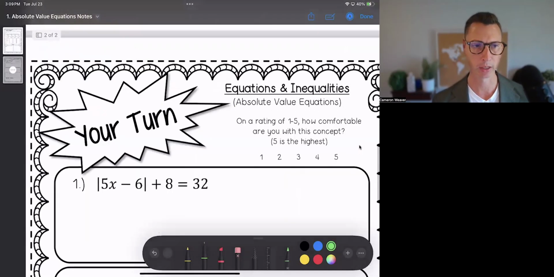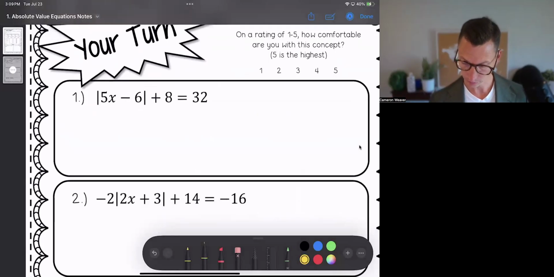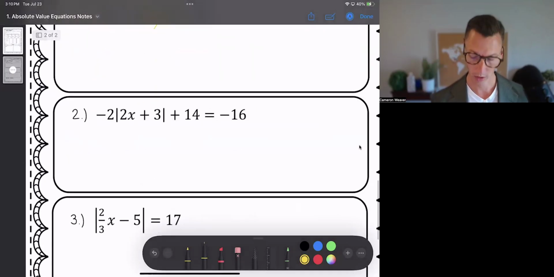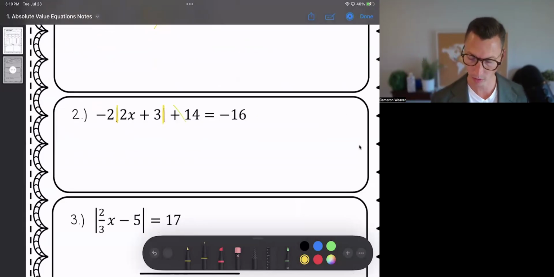Let's look at a couple other examples. Problem number 1 on the back side of this. Here are your absolute value bars. You have to isolate them. That simply means that you need to eliminate the 8. Once you do that, now they're isolated, right? Problem number 2, here are your absolute value bars. Step 1 says to isolate them. That means that we need to eliminate the 14 and the -2.